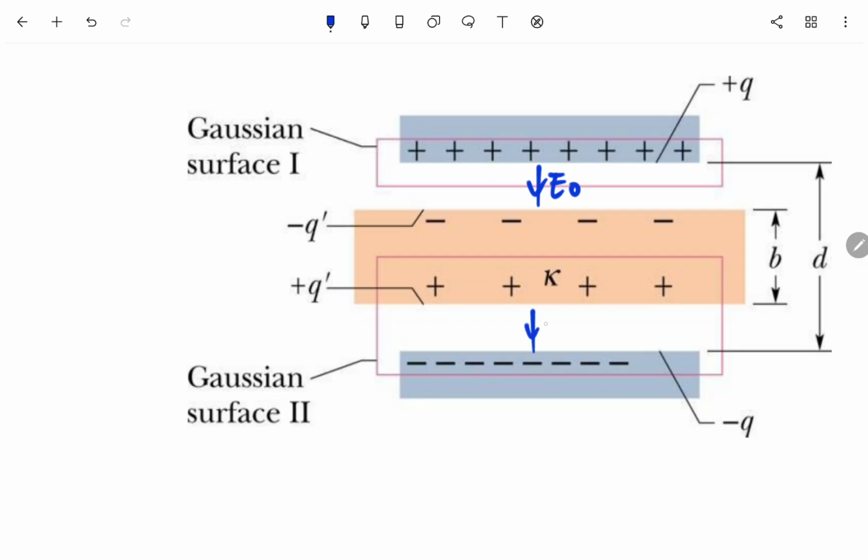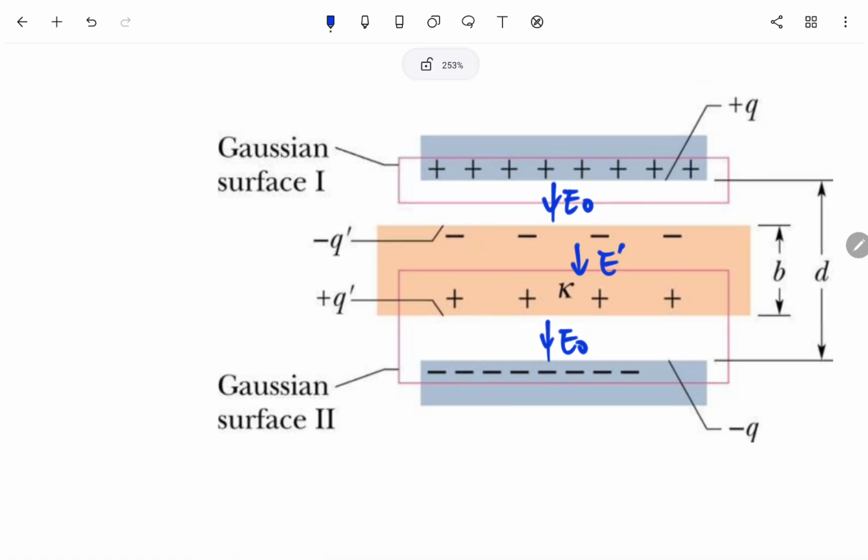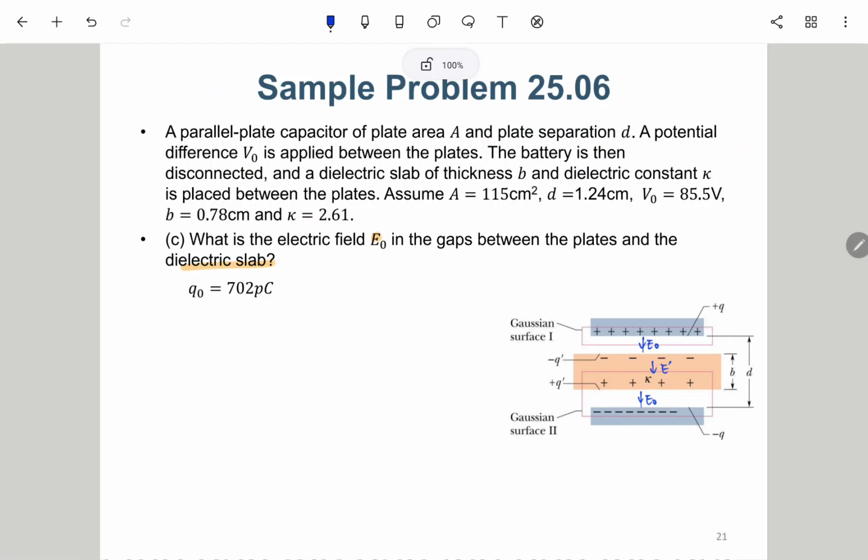Inside the slab there will be some E prime, or whatever you want to call it. Anyway, E0 is the E field between the plate and the slab.